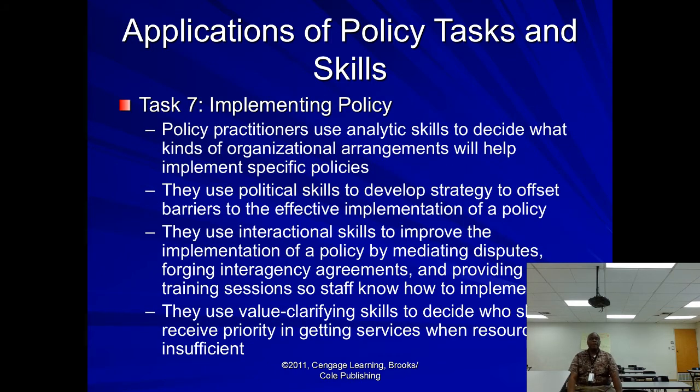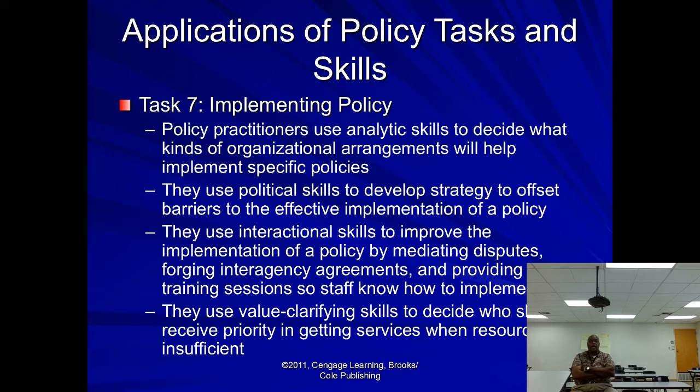So, implementing the policy. They use these skills as well to decide what kinds of organizational arrangements will help implement specific policies. They use political skills to develop strategy to offset barriers to the effective implementation of a policy.